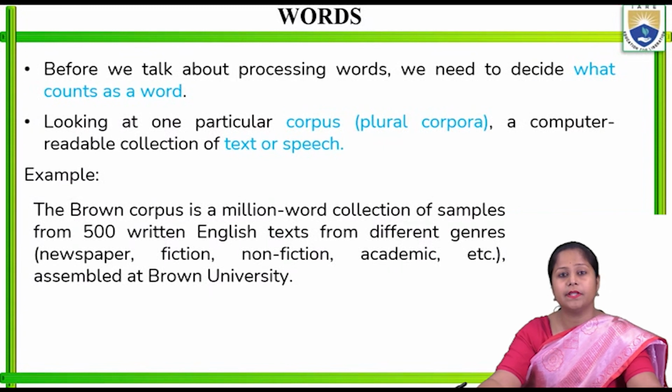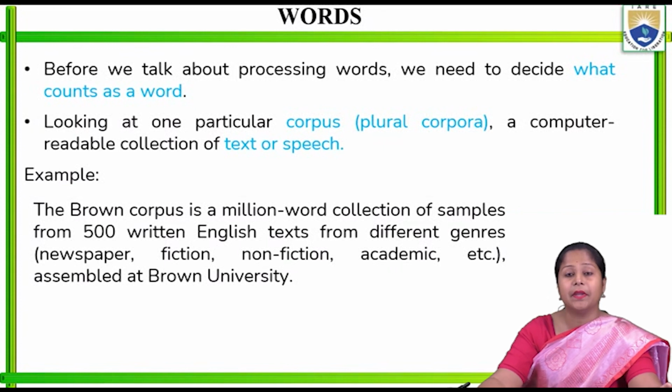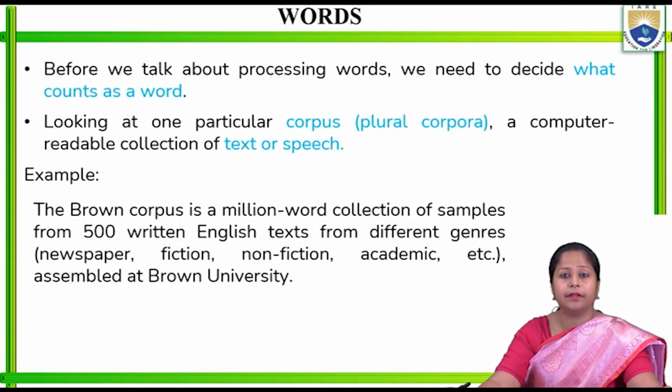The Brown corpus is already available in the NLTK library. It is a corpus having a million words, a collection of approximately 500 English texts from different genres.